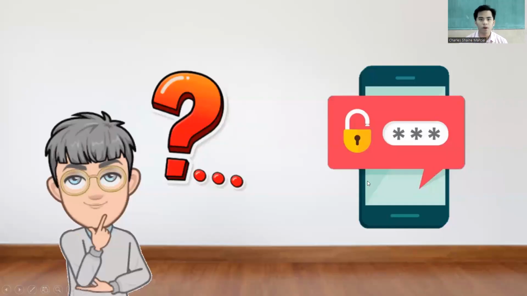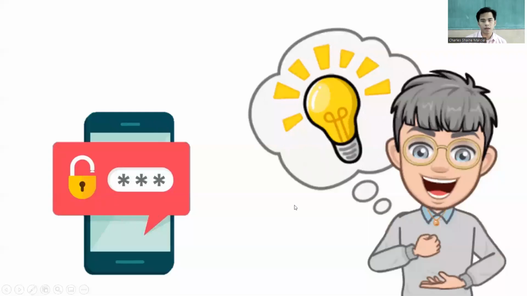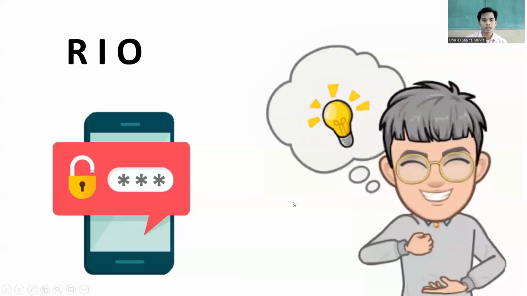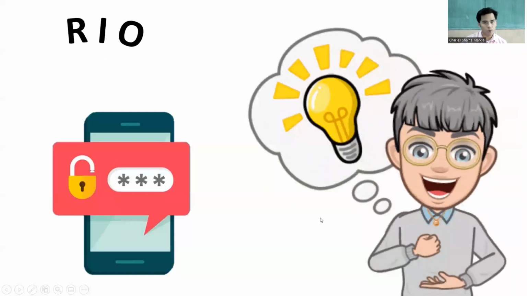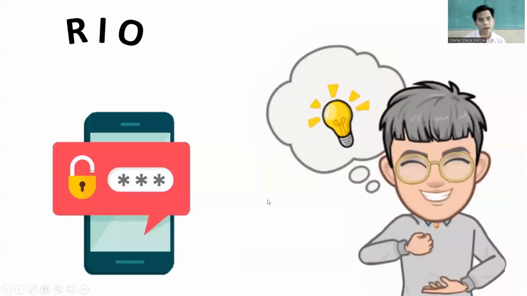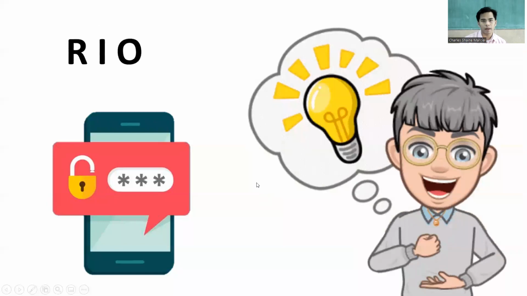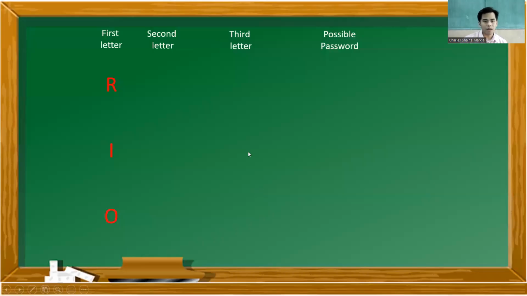So for example, gagawa kayo ng password sa phone nyo and you will use a 3-letter password. And for example, yung naisip nyong letter na gagamitin is R, I, and O. Okay? So itong R, I, and O ay mayroong different arrangement na pwede nating magawa kapag mag-iisip tayo ng password.